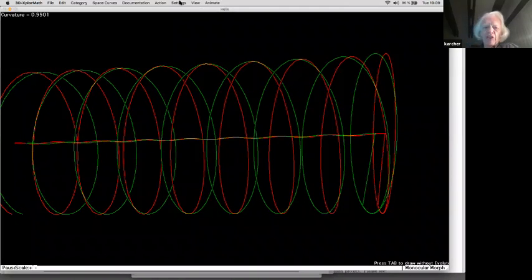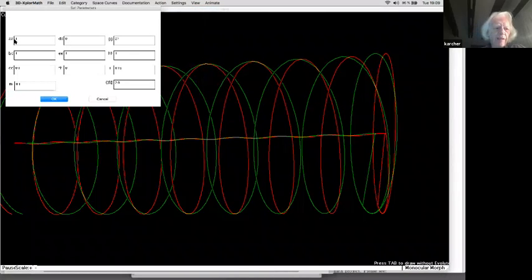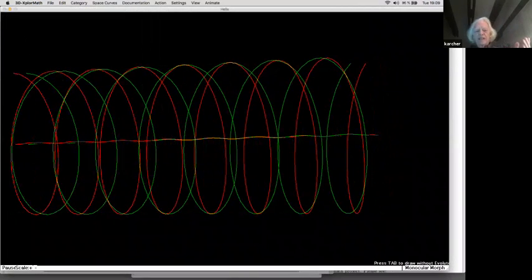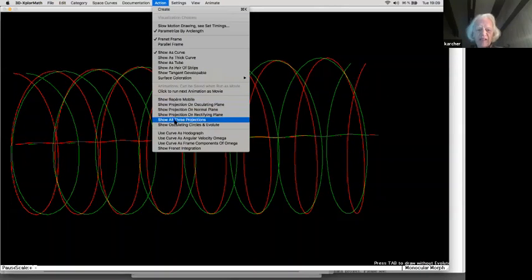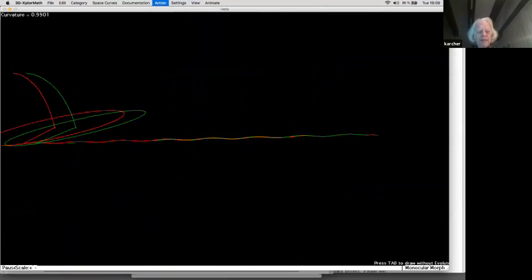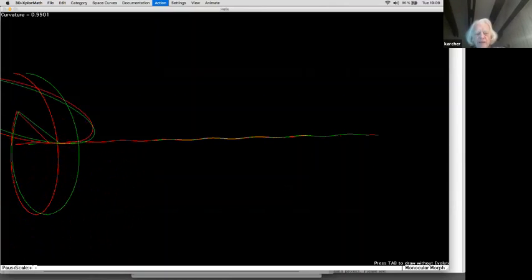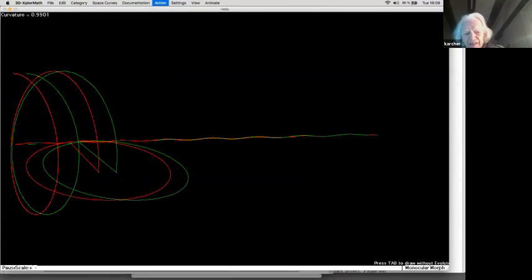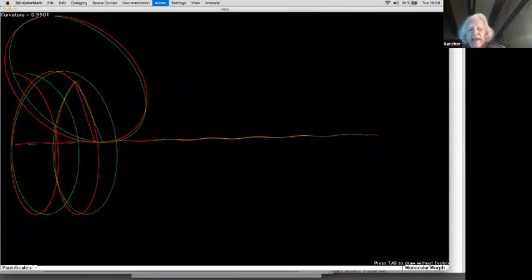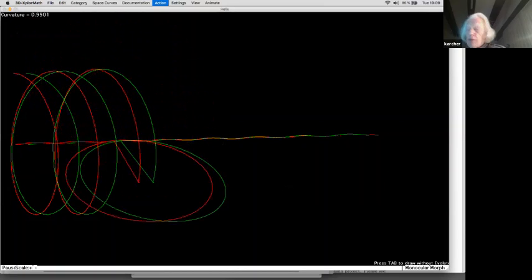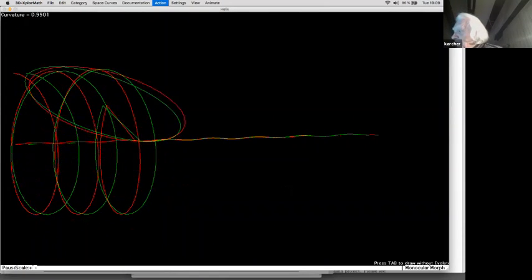And therefore, I will change the parameters. I changed the radius of this thing. So now you see almost the same thing, but it is not the same, because if I run the osculating circles, then they are now approximating the central line, and the midpoints of the circles draw the original helix.